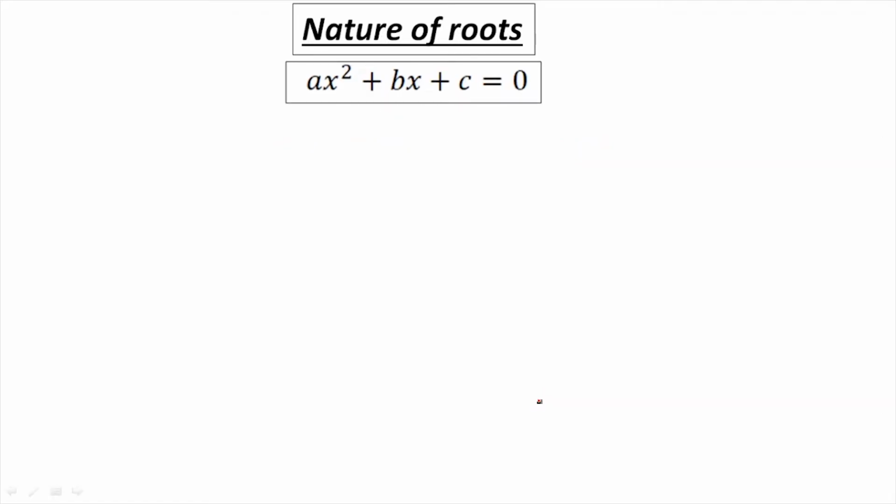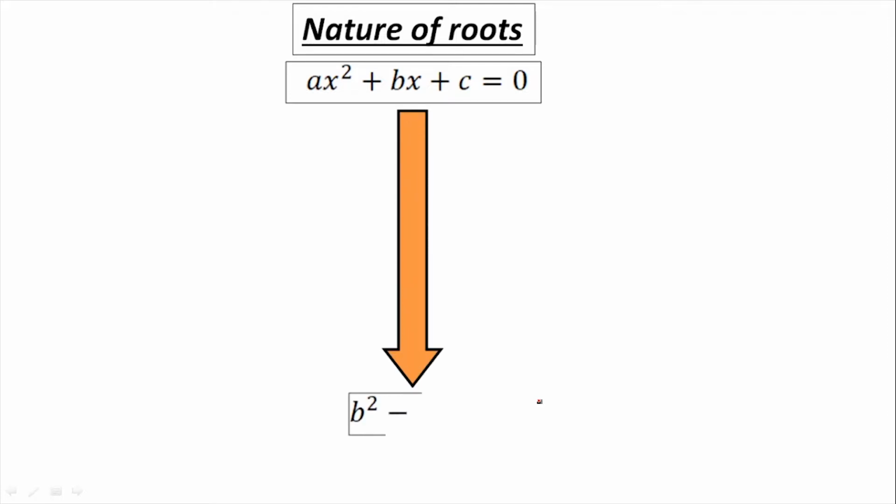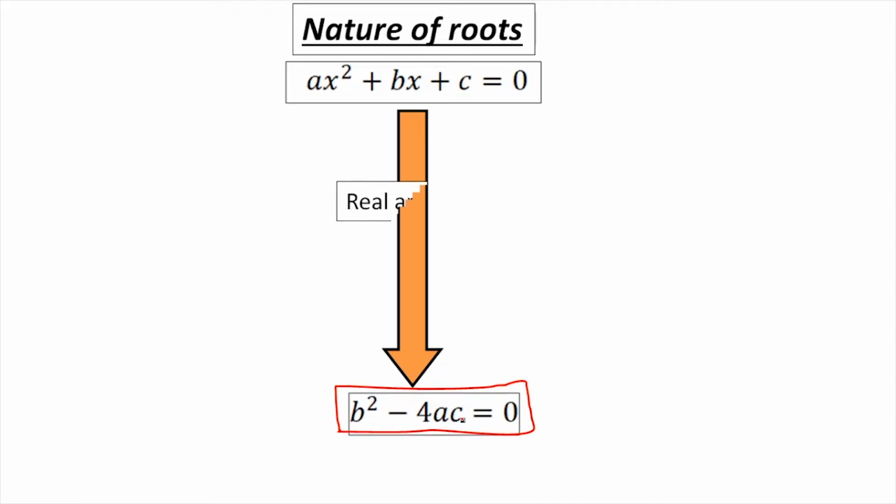Suppose there is this equation ax square plus bx plus c equals 0, and the discriminant b square minus 4ac after solving is equal to 0. If we get the value 0, then we can say the roots are real and equal. This is the nature of the roots.